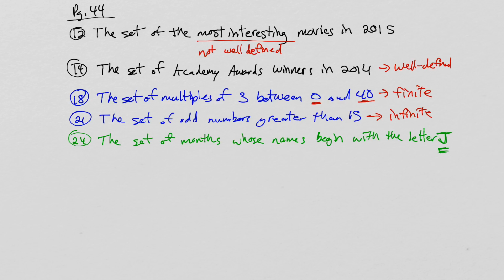So January, February, March, April, May, June, July, August, September, October, November, December, and that will be it.